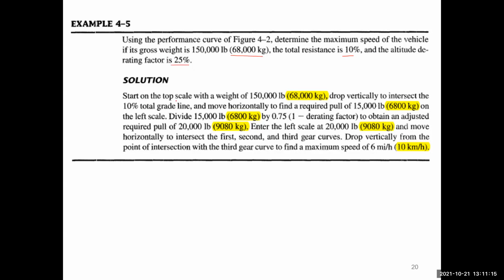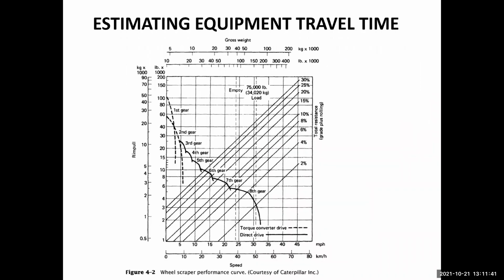Start on the top scale with a weight of 68,000 kilograms. Drop vertically to intersect the 10% grade line. The weights are given here, gross weight, in kilograms.